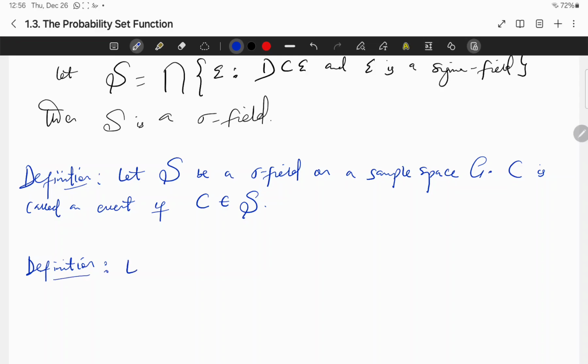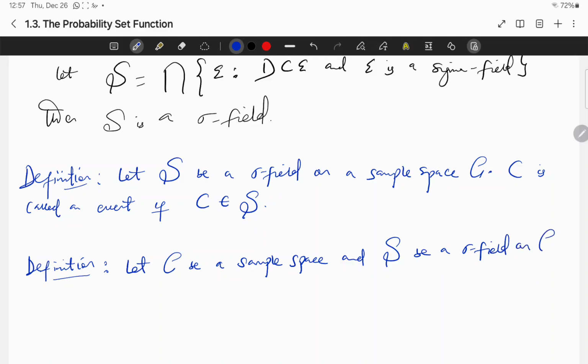So another definition: now I want to define our probability. Let C be a sample space and X be a sigma field on our sample space.